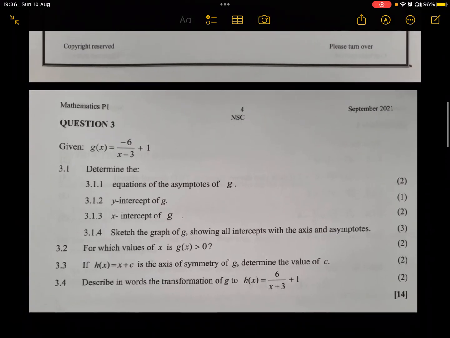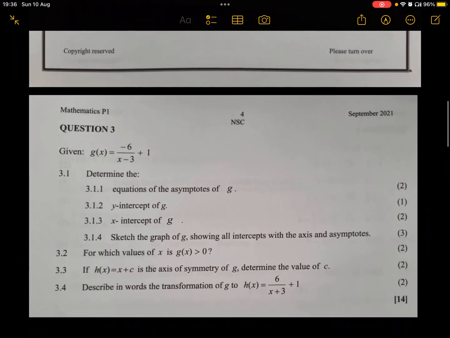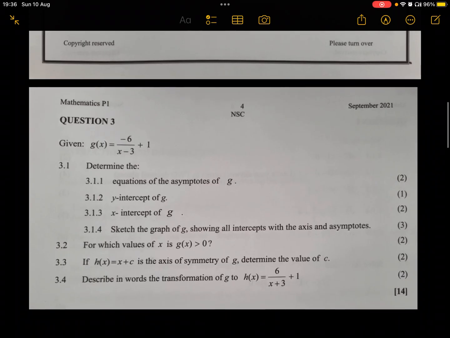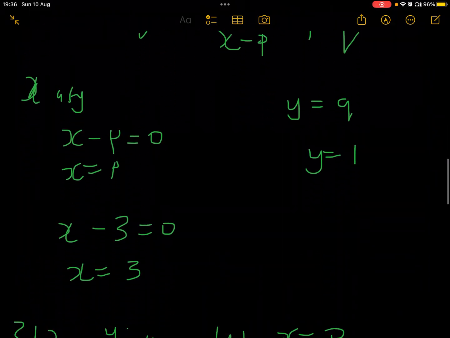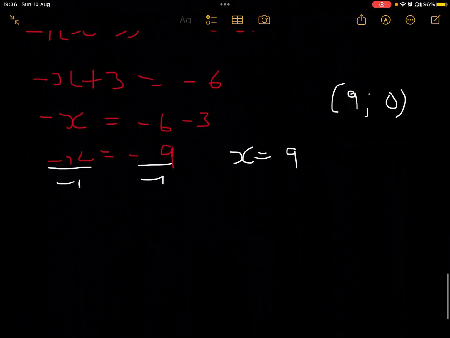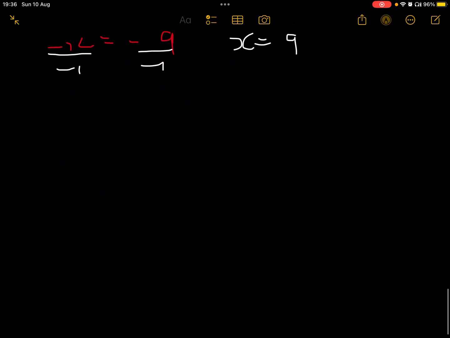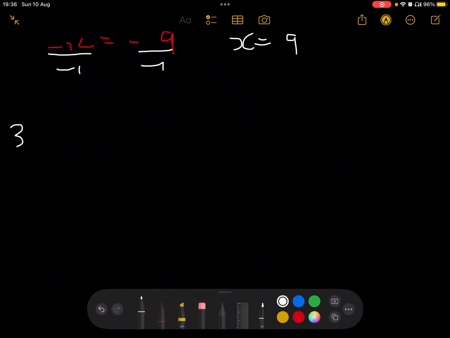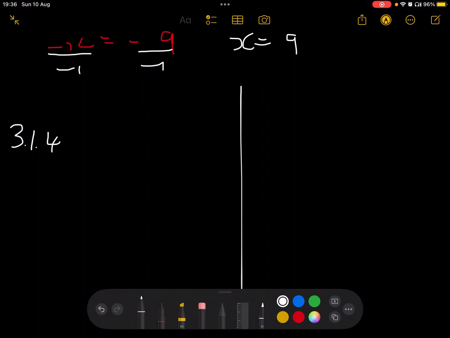3.1.4 says sketch the graph of g showing all the intercepts with the axis and the asymptotes. Normally they say the axis and the asymptotes and all the points. So 3.1.4, we're going to have to draw the graph.